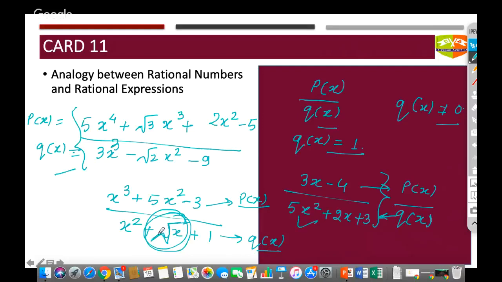Wherever the power of the variable x is not an integer, in those situations we will say that the expression is not a rational expression. So here, as the power of x is not an integer, it is 1 by 2, I'll say that this is not a rational expression.